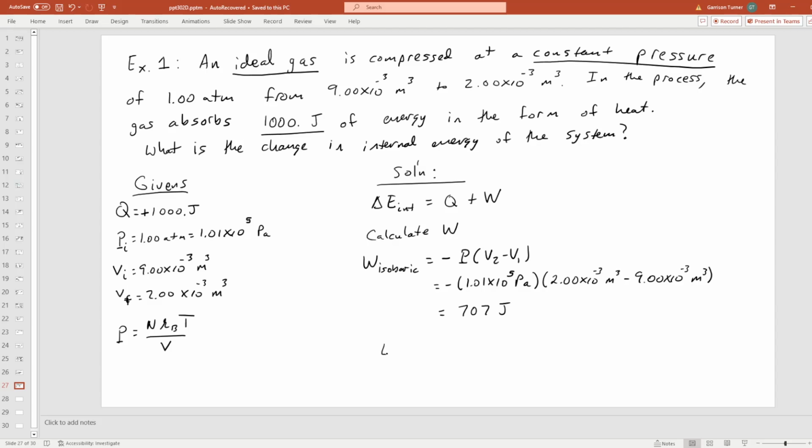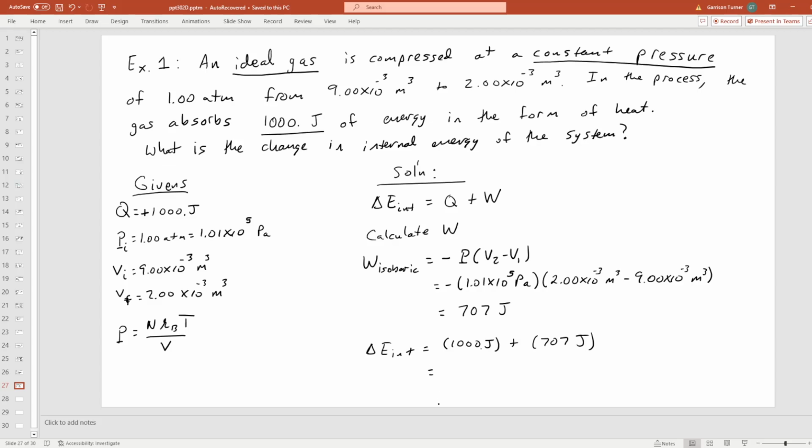And therefore, our change in internal energy is going to be the heat that's absorbed plus our work done from the isobaric process.